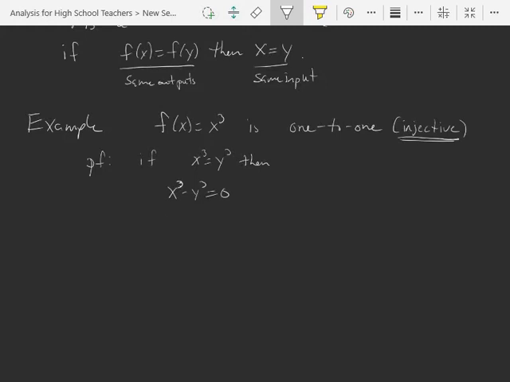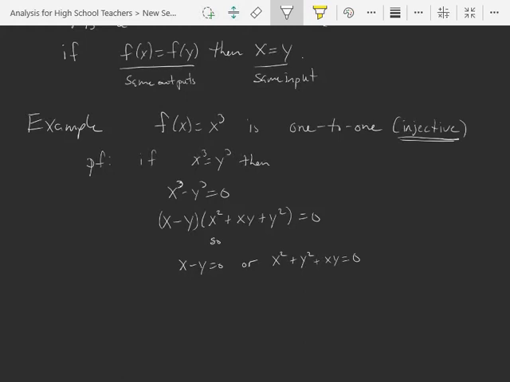And I can factor that: x minus y times x squared plus xy plus y squared equals 0. So x minus y equals 0, or x squared plus y squared plus xy equals 0.